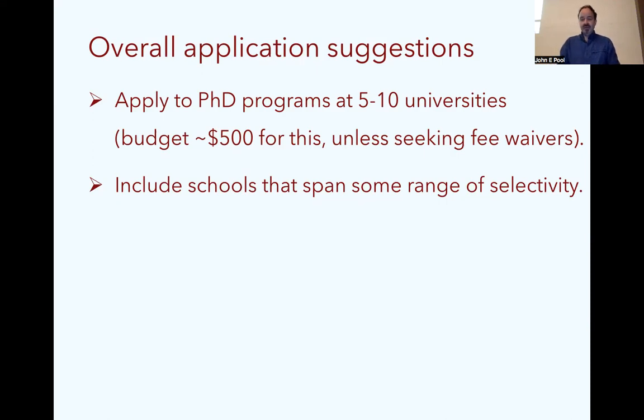I don't know. But if not, that would be unfortunate. So you want a decent number of attempts. I mean, there's some variability, some stochasticity in the admissions process that is not 100% tied to your merit as an applicant. And so it's good to have more than just a few.